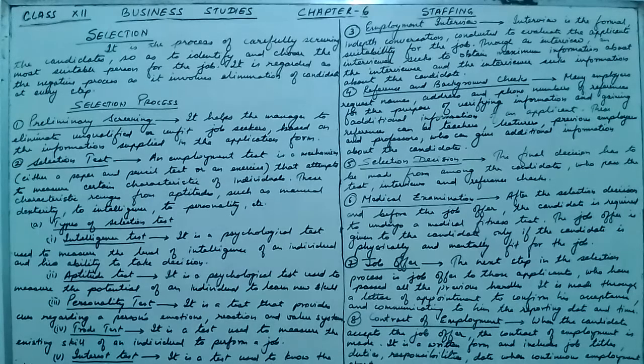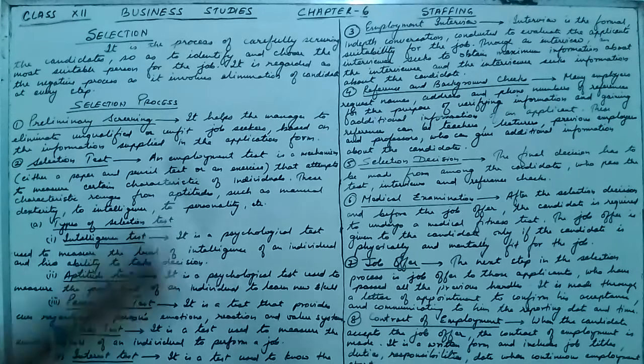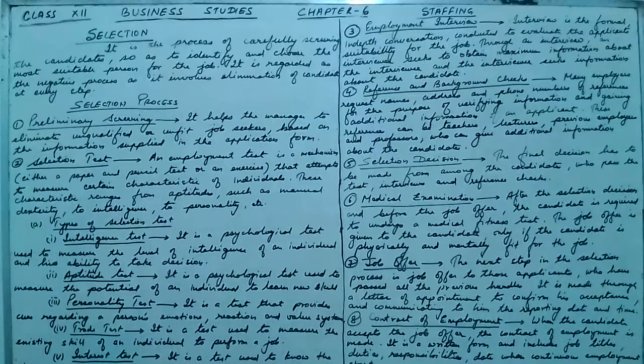When the applicant fills the application form, various data are asked. According to that information, the preliminary screening is done and the unqualified, unfit employees are removed. So this is the first step of elimination.